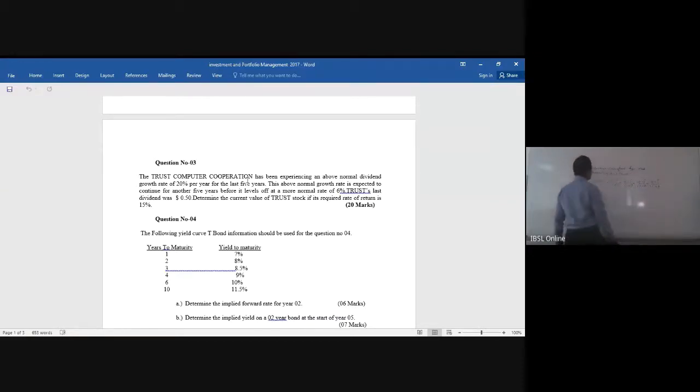Now this is the dividend cash flows for the first 5 years.